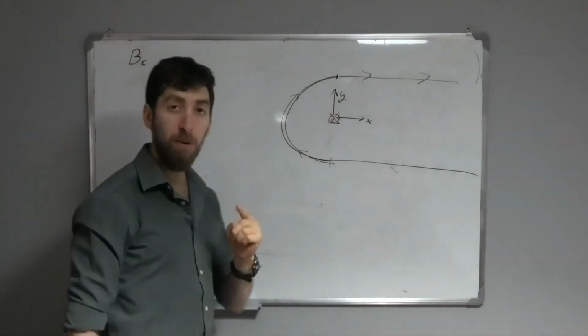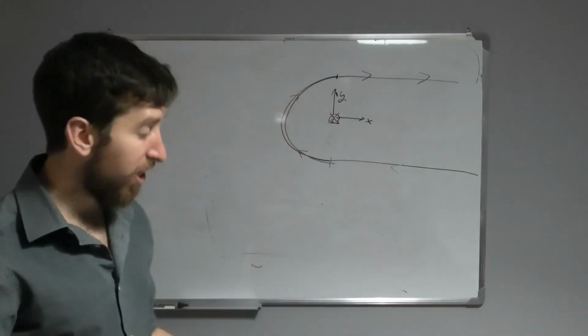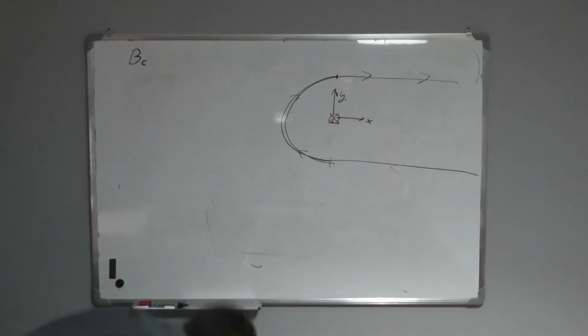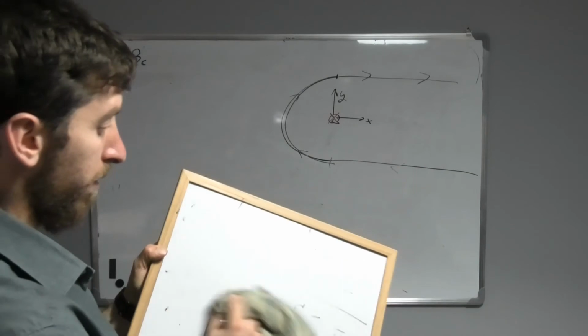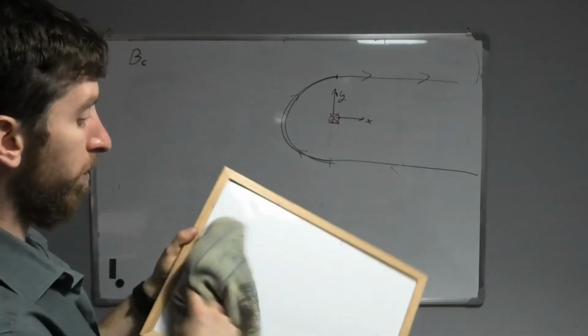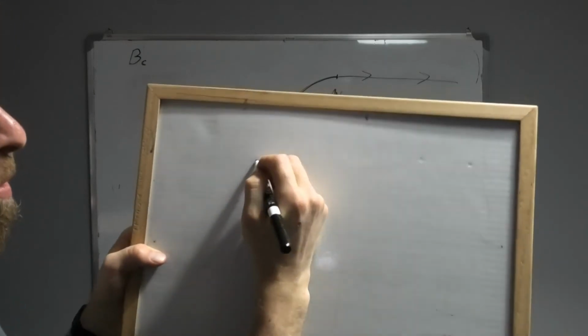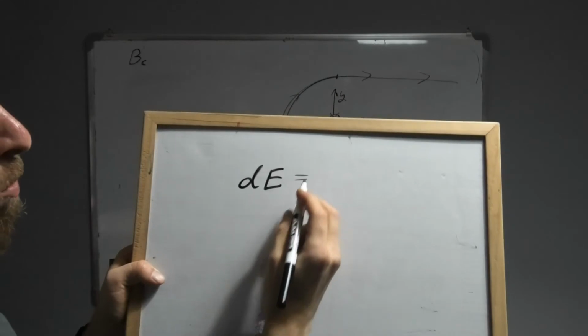So here, remember what we had in the electric equation? I'm going to remind you, let's clean this stuff, okay? So what we have is Coulomb's law, which said that a small contribution of the electric field, dE, is equal to what?